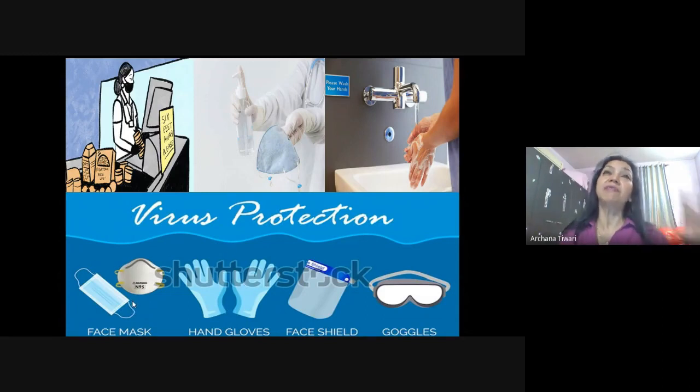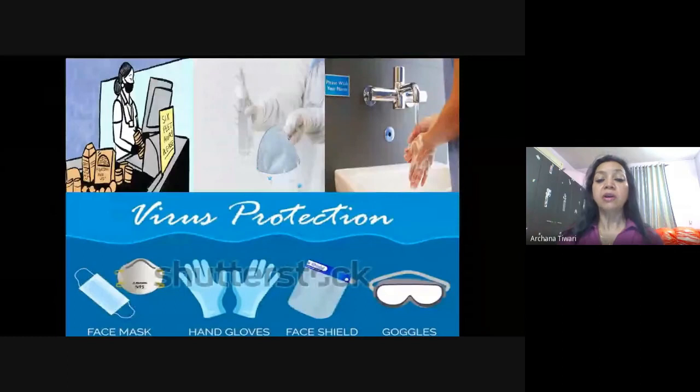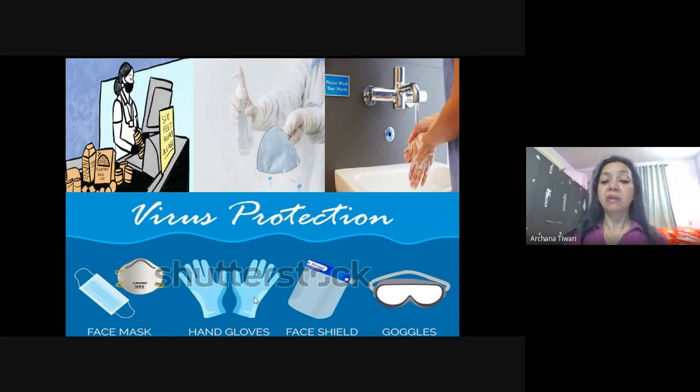Everybody is mainly focusing on the face mask. Nobody is focusing much on gloves, face shield or goggles. These four things are equally important: face mask, gloves, face shield, and goggles. Goggles protect your eyes because infection can be caused through the eyes also.